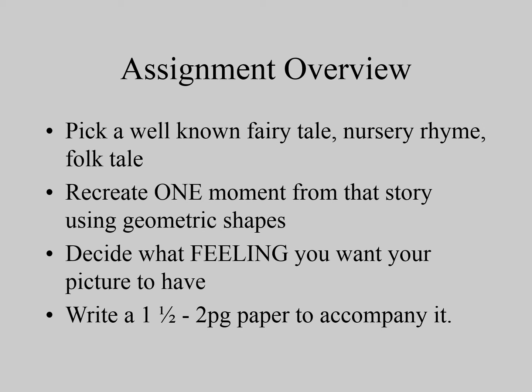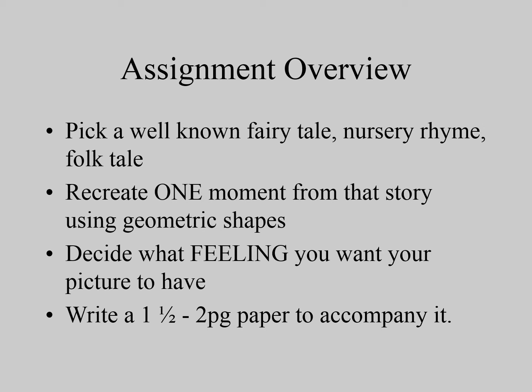So we're going to see 2 different moments from the Little Red Riding Hood story today. So keep that in mind. You're not trying to tell the whole story, you're just trying to tell one very specific moment. Something that is really important when you're thinking about that from very early on is you need to decide what feeling you want to convey with your picture. Are you trying to show fear? Are you trying to show excitement?